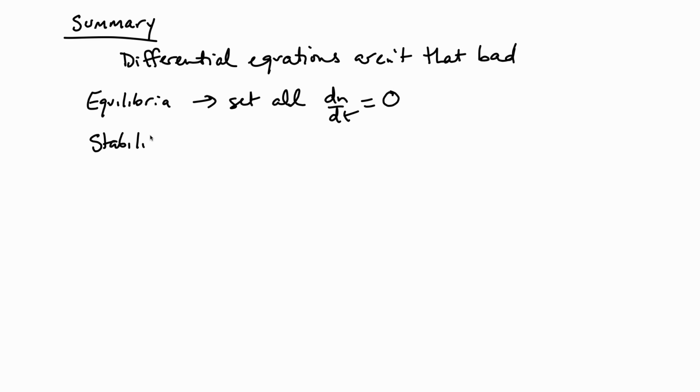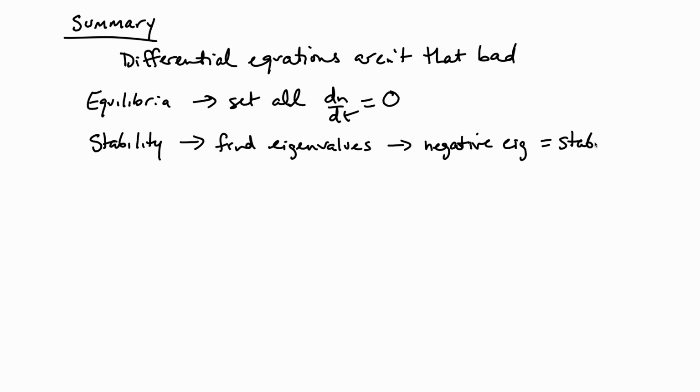Stability: find the eigenvalues of either your Jacobian matrix if it's fancy, or your linear matrix if it's already linear. Negative real part of eigenvalues gives you stability. Complex eigenvalues give you cycles.